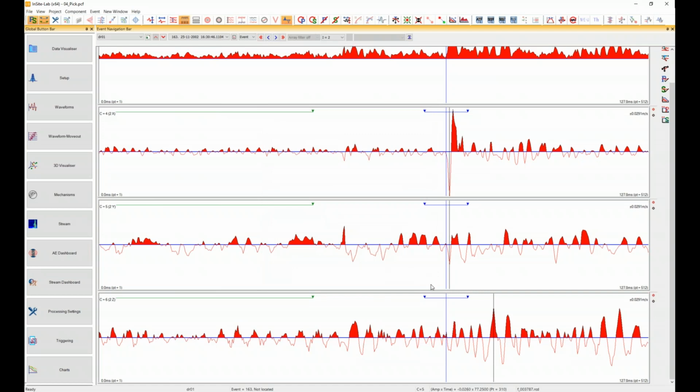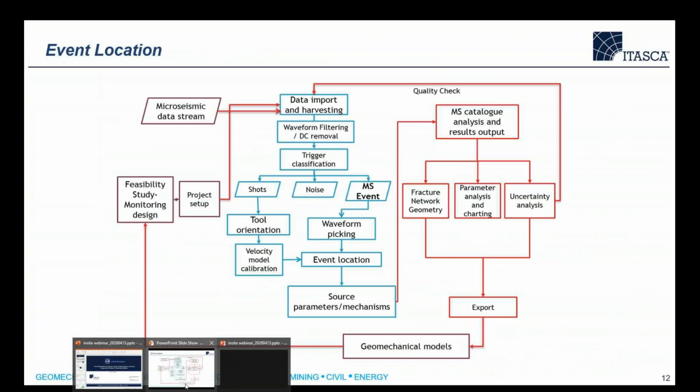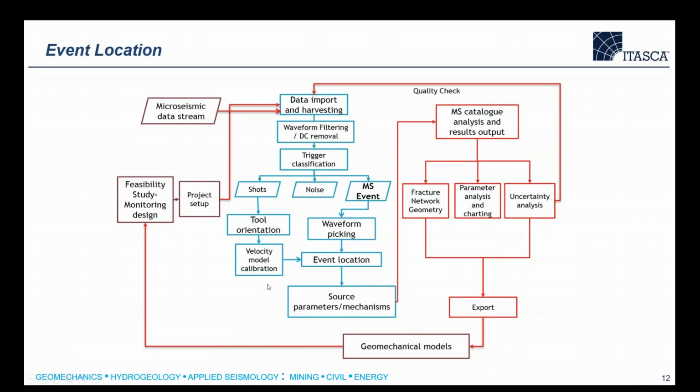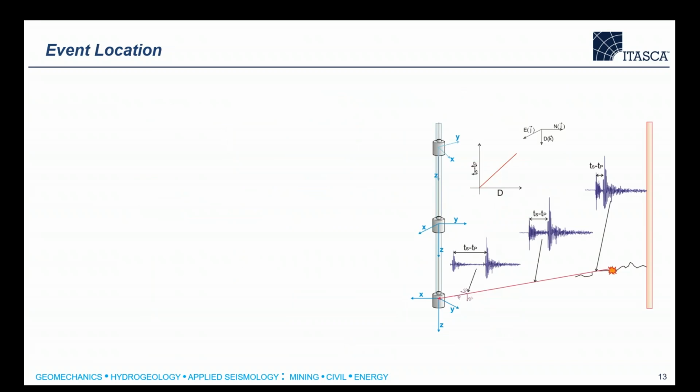Right, so we've seen this step, we've picked our arrivals, and then we move on to the next step, which is the most important one: we want to locate our events. Events are characterized by many parameters, but the most important one is where does it locate? So how is it done?